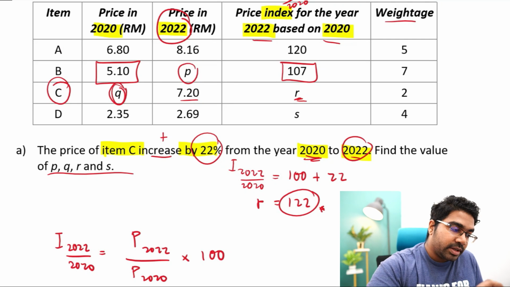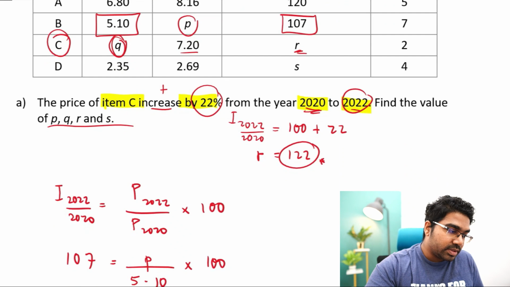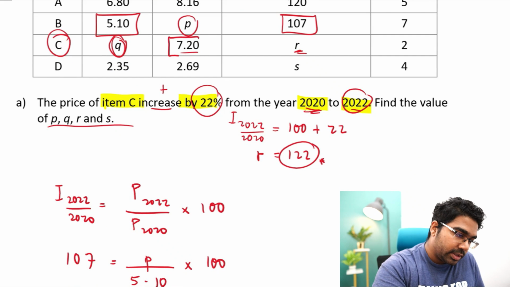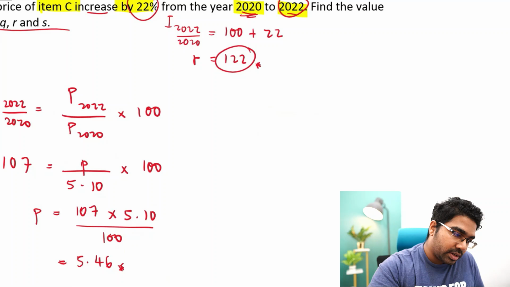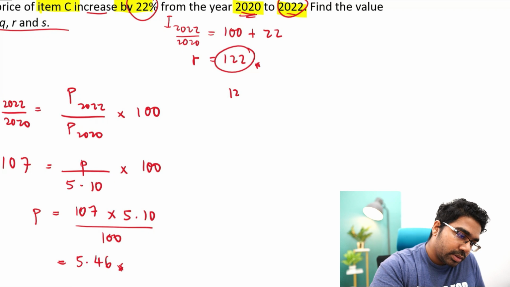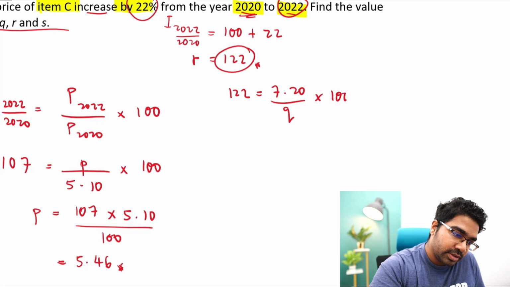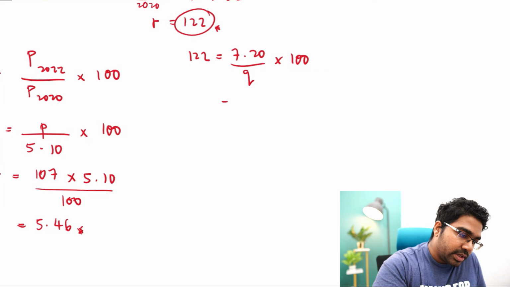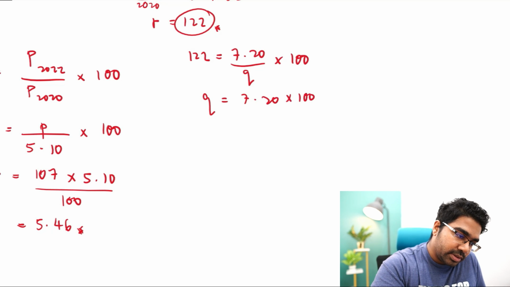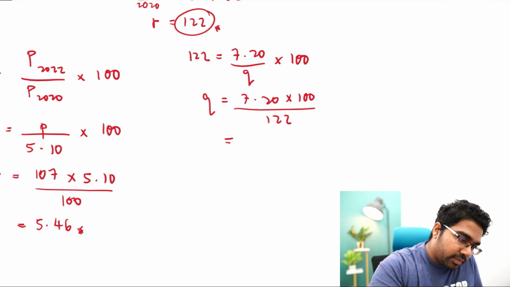Then now we can find Q. So we apply the same basic formula, 720 over Q. So 122 is equal to 720 over Q times 100. This time Q is the base price. And so once again, we just solve 720 times 100 over 122, and the answer you get is 590.